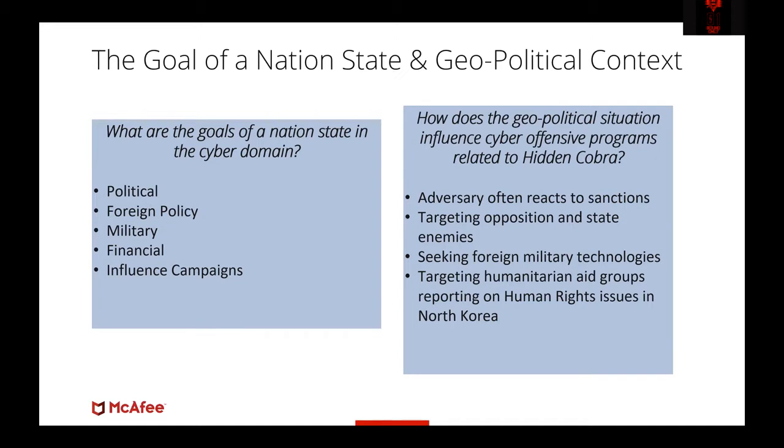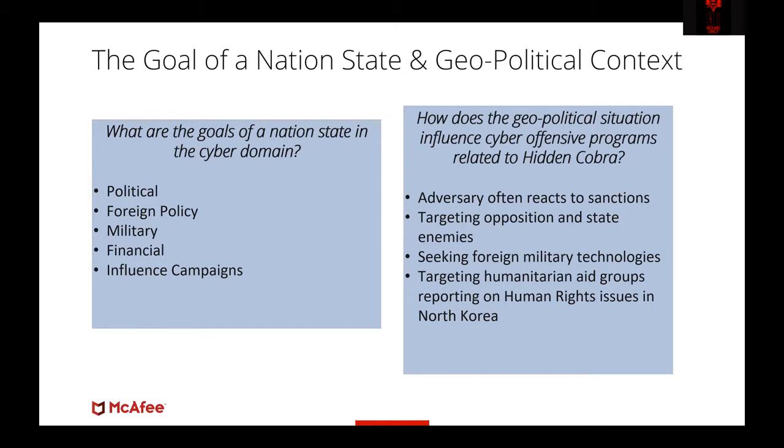Some adversaries are interested in driving intelligence requirements to gather information on individuals or organizations that might be influential to changing or informing foreign policy, military, financial, and influence campaigns. So these are the top 5 things that an adversary might be interested in from a nation state perspective.